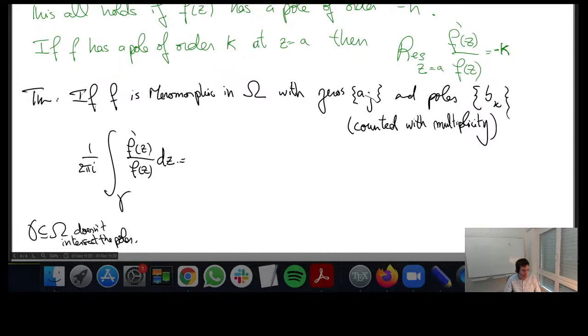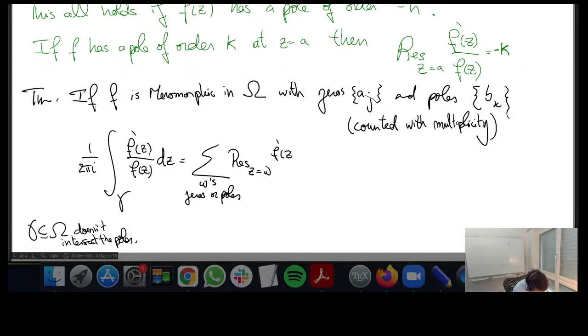The sum over points, let's call them omegas, zeros or poles, because these are the isolated singularities of f prime of z over f of z, of the residue of this function at z being one of these w's.